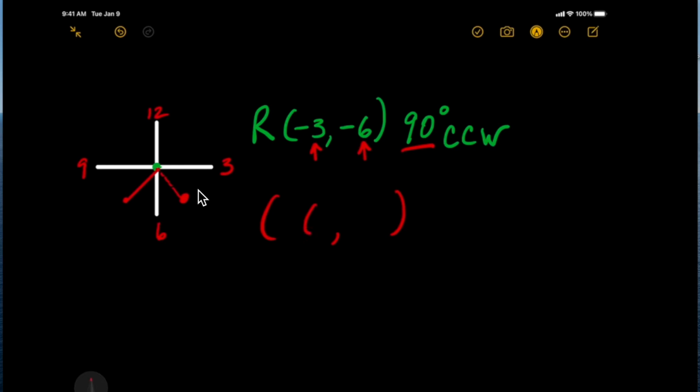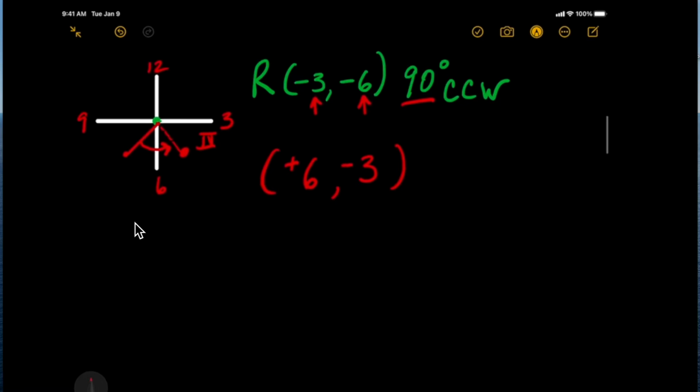We're not going to look at the sign until the very end. So this integer 6 is now in the first position, the integer 3 is now in the second position, and now we look at the sign. The rotation of 90 degrees counterclockwise puts us in quadrant 4. If you are in quadrant 4, the x value has to be positive and the y value has to be negative. So that would be our final point.